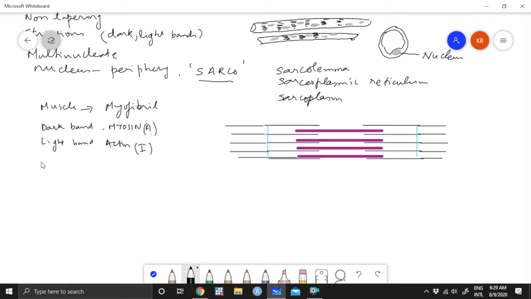The dark band is called A band, the light band is called I band. So here we see that all these purple colored structures make up the protein myosin, and therefore this is called the A band.